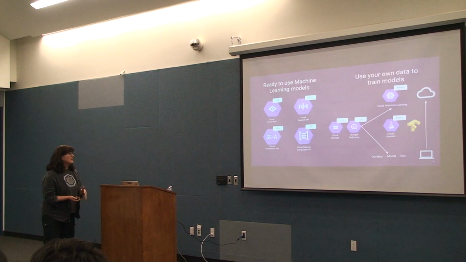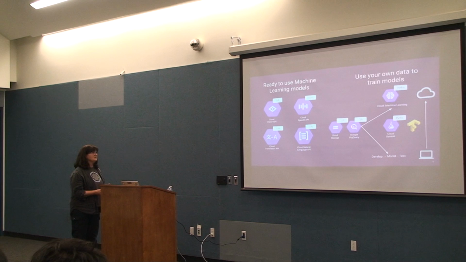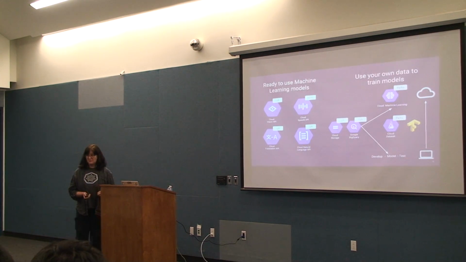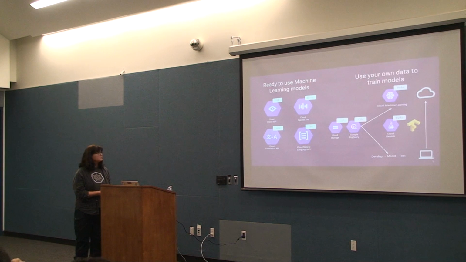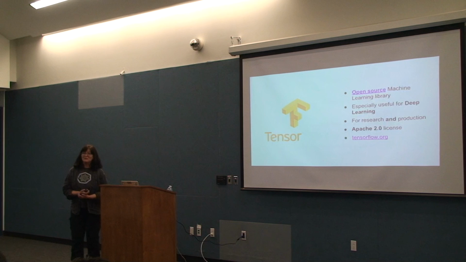Again, just due to lack of time, I'm not going to be able to say too much about it. But it's very interesting to play with, check that out. It's in beta right now. Okay, so what is TensorFlow? Why is it so great for machine learning?